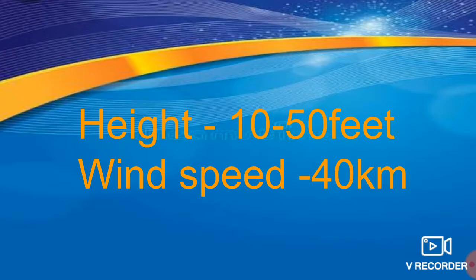The height of a sandstorm is 10 to 50 feet and 100 km in width. It attains a wind speed of 25 miles per hour, that means 40 kilometers. The wind speed of the sandstorm depends upon the wind speed.